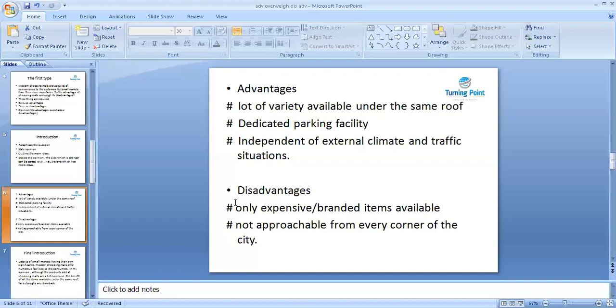And what can be the disadvantages? The first one is that only expensive or branded items are available there. So if a person does not have a lot of purchasing power, then he will not be able to do his shopping from the shopping malls because the shopkeepers cannot afford to sell inexpensive items.